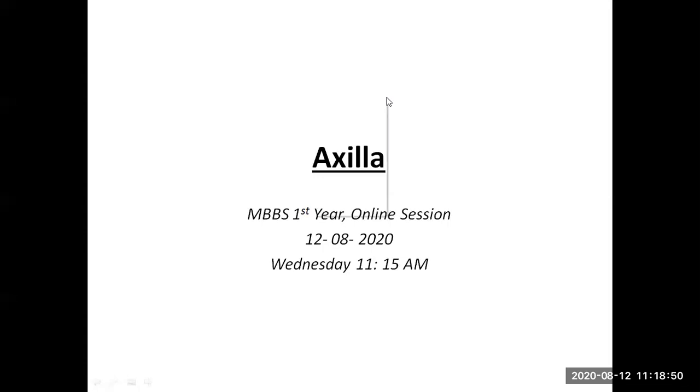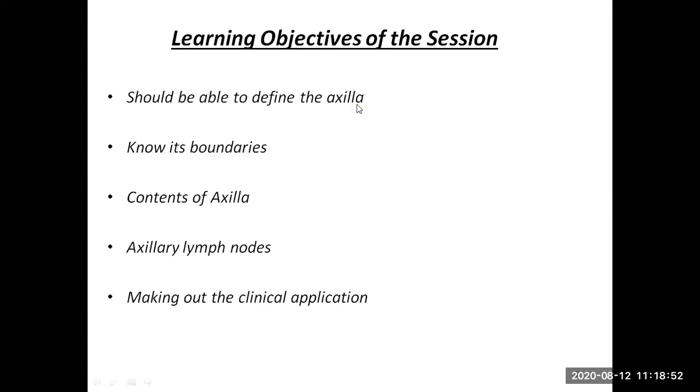So in axilla, first of all, you should be able to define the axilla. What region is the axilla? Where is it located? You should know the boundaries of the axilla.